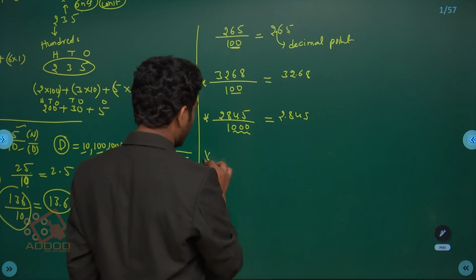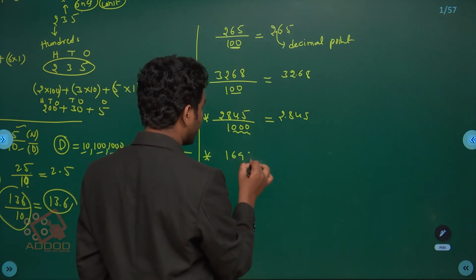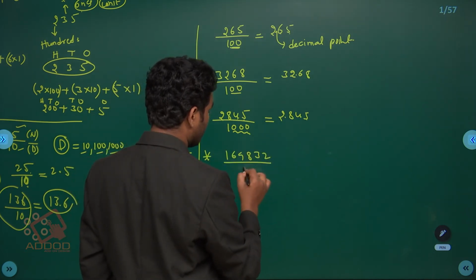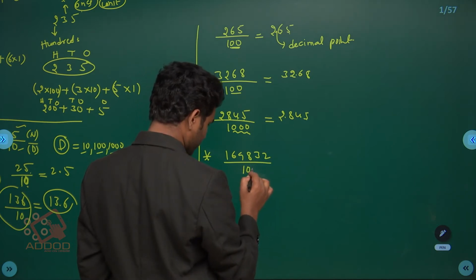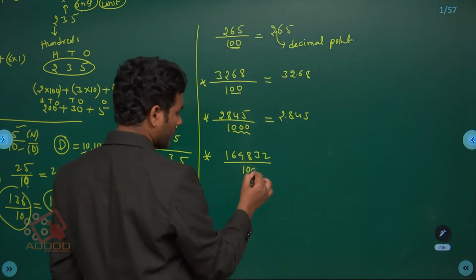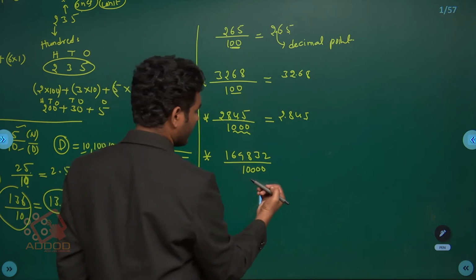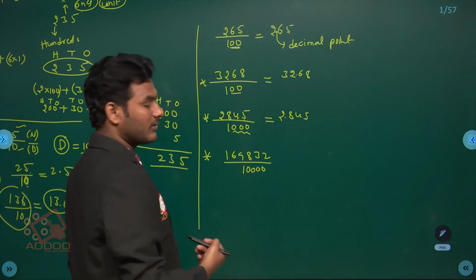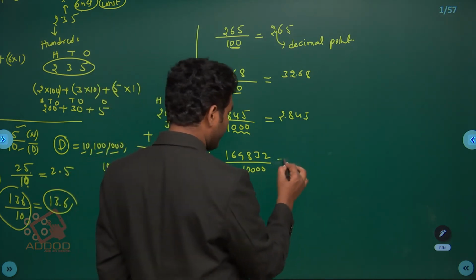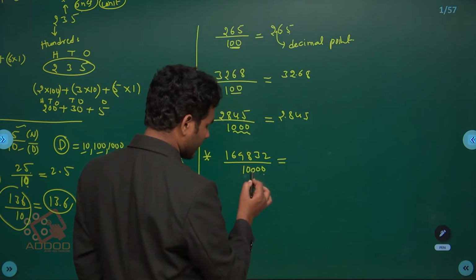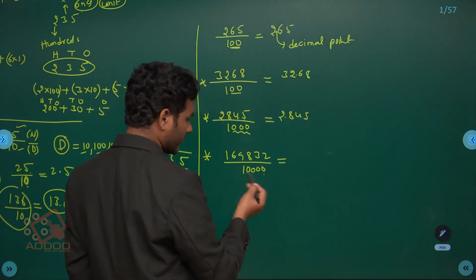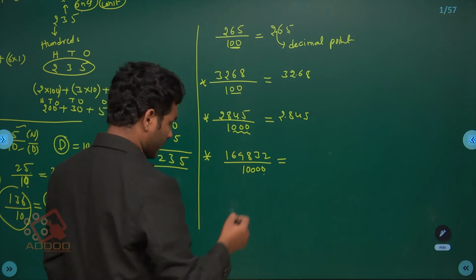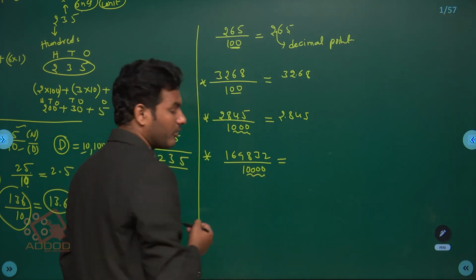Now, if you have a number like 169832 divided by, for example, 10,000. In this 10,000, how many zeros are there? Ones, tens, hundreds, thousands, 10,000. 4 zeros are there.